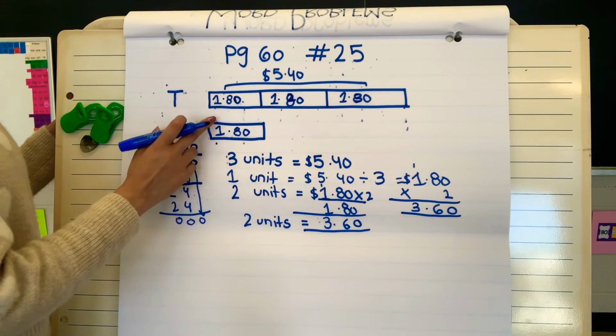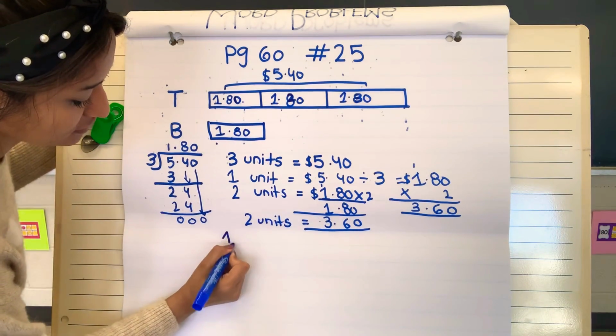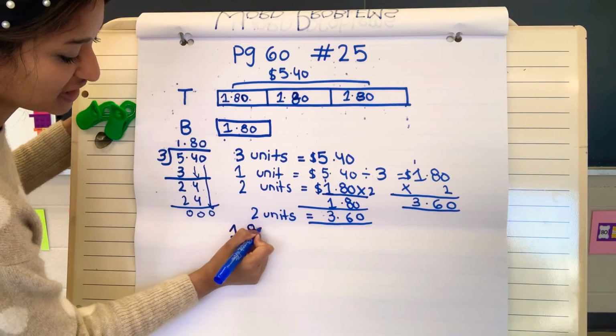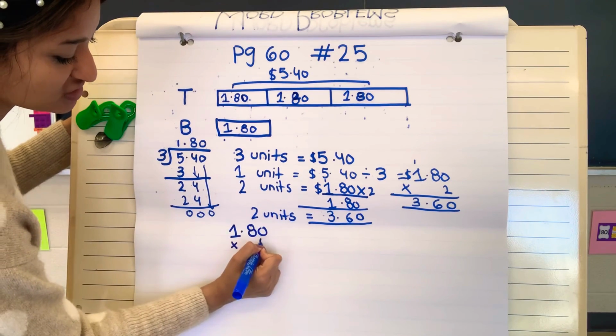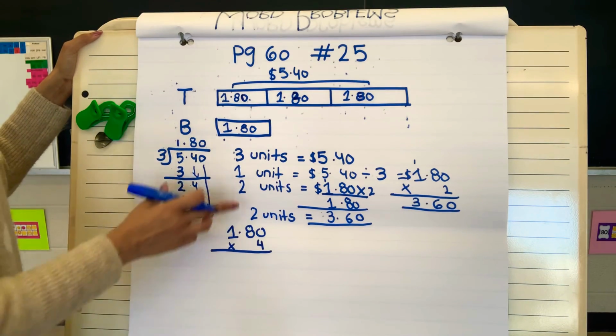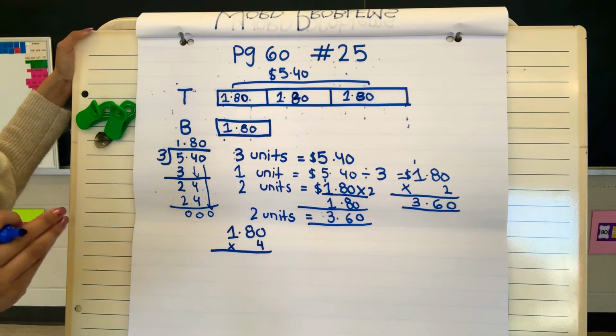So let's do 180 times 4, and that would give us the value of what both Taylor and Bonita have all together.